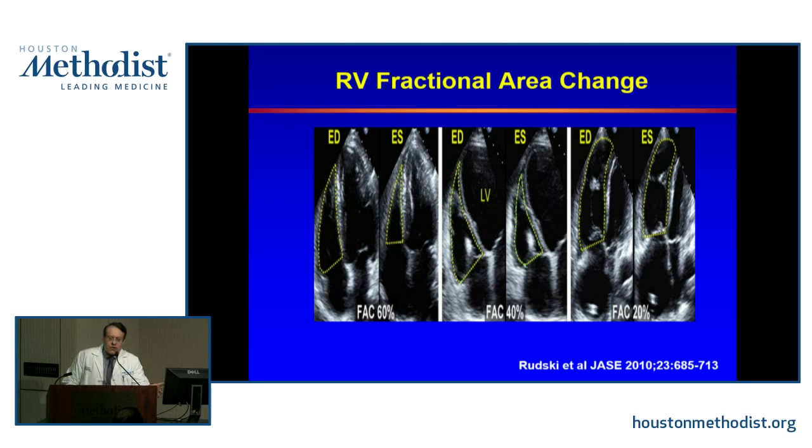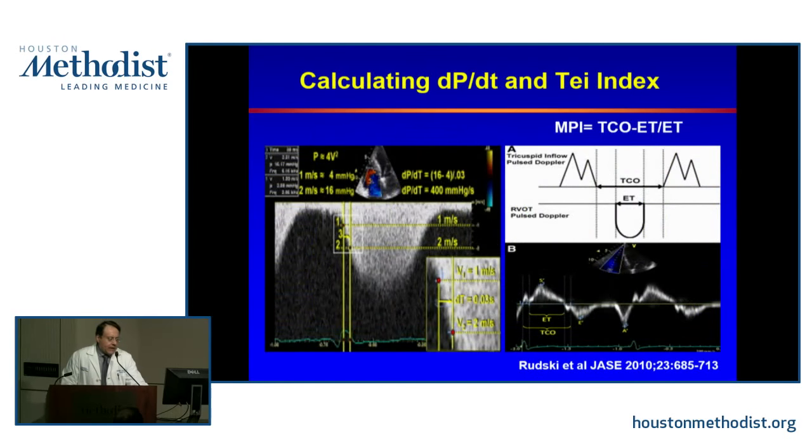Sometimes you will see discrepancies when we look at the RV function based on fractional area change compared to long axis motion, and there can be reasons for that. Could be disease that limits certain segments of the right ventricle, could also be related to rotational movement of the heart.